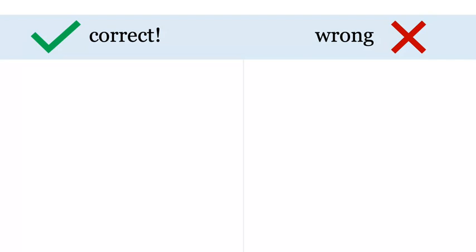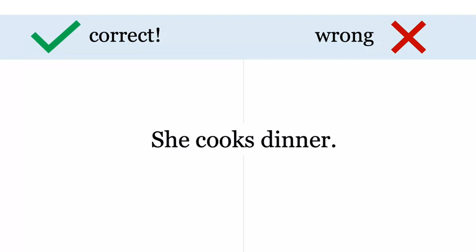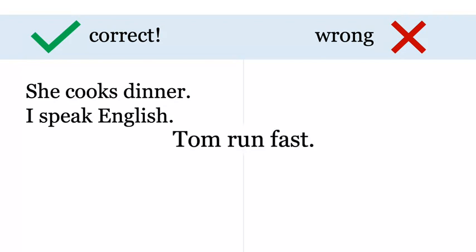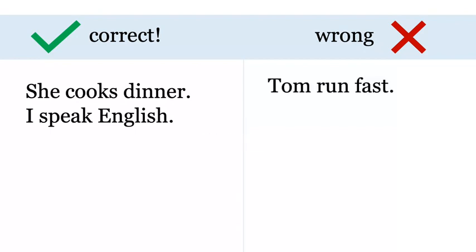Look at the sentence. She cooks dinner. Think, is the verb form correct? She cooks dinner. Yes, correct. I speak English. Also correct. Tom run fast. No, the grammar here is wrong. There is no s on runs. We need to add an s. Tom runs fast.